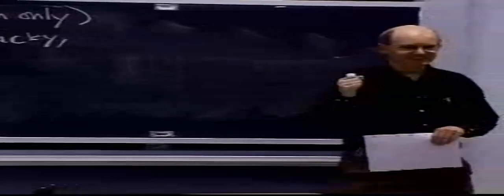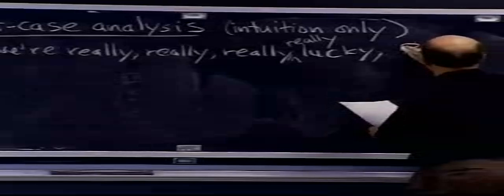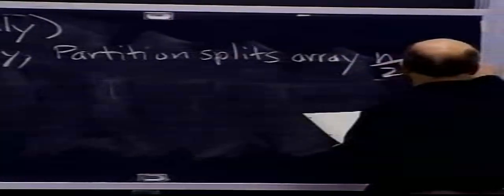Okay, that would be really lucky. Okay? So if we're really, really, really, really lucky, oh, I need one more really in here. Really lucky, okay? Partition splits the array n over 2 to n over 2.